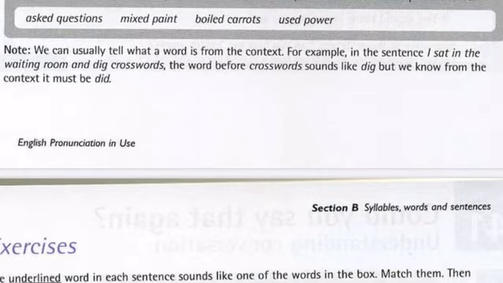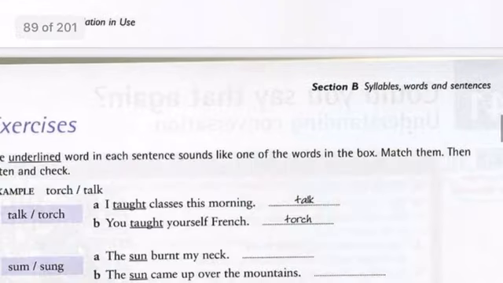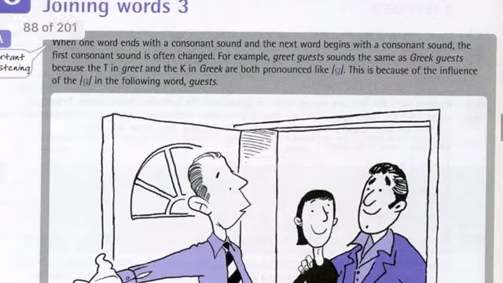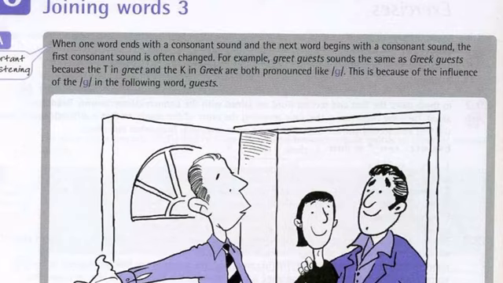So basically we talked about two main things: sounds that can be changed when we have a consonant at the end of the word and another consonant at the beginning of the next word.